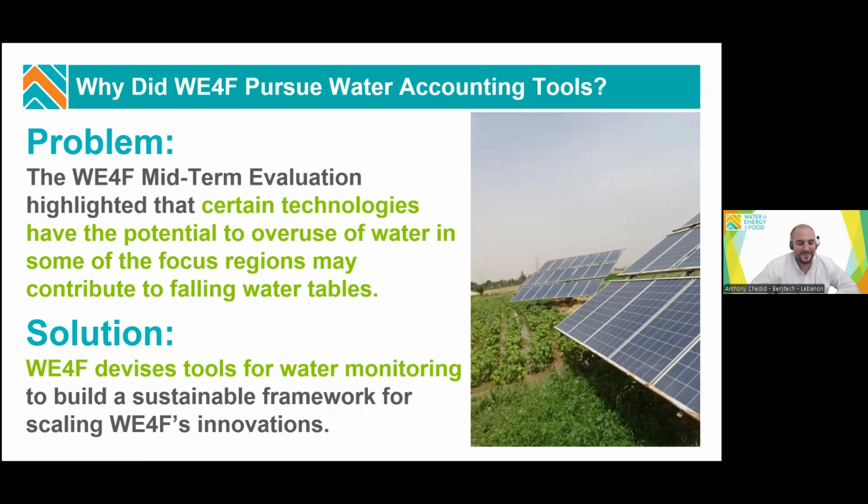We are trying to support the sustainable usage of water, not the overuse of water. A solution that we found feasible was to create these tools for water monitoring to build a more sustainable framework for scaling these innovations in places that really need sustainable usage of water.